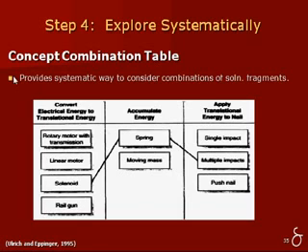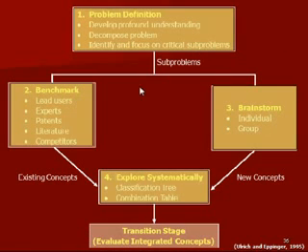So remember, what we're doing in the combination table is we're systematically considering combinations of solution fragments to come up with something that may be feasible and may be novel and may be that utopic design that you were always looking for. Okay? So that's a way we can go through this whole process.